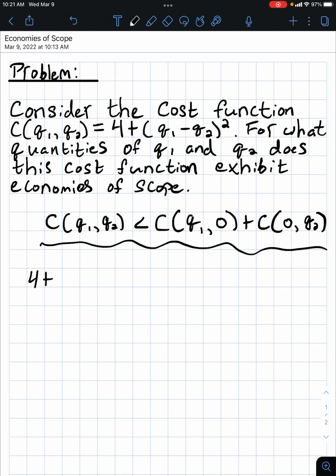4 plus (Q1 minus Q2) squared needs to be less than, we plug in 0 for Q2, so we get 4 plus Q1 squared, plus, now we plug in 0 for Q1, we get 4 plus Q2 squared.